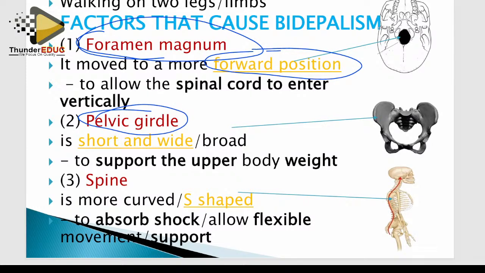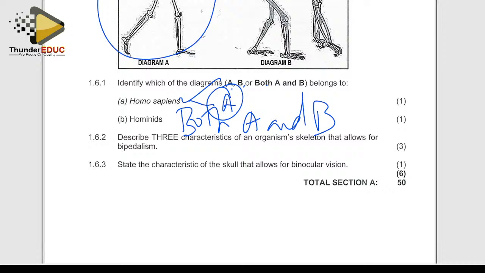Pelvic girdle, short and wider. And then the spine is S shape. So how many marks are there? They're saying describe. They're not saying explain. Foramen magnum in forward position, because they're saying on the skeleton.